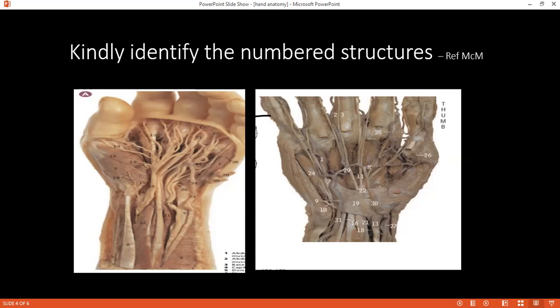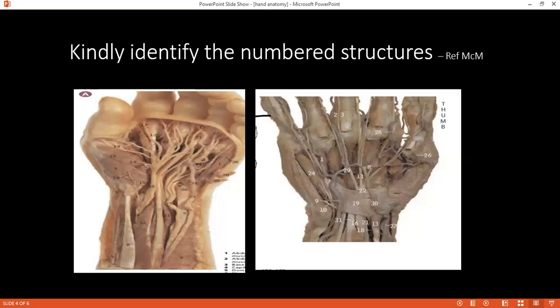Isn't it flexor retinaculum? 30 is artery. With my cursor, you have to identify 29 as well, please. Superficial palmar artery. 31 is ulnar artery. Okay, 27, where is my cursor? It's radial artery.